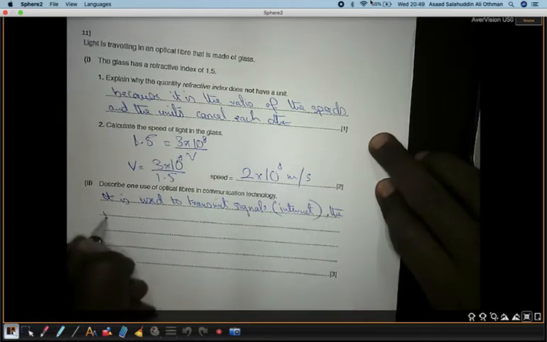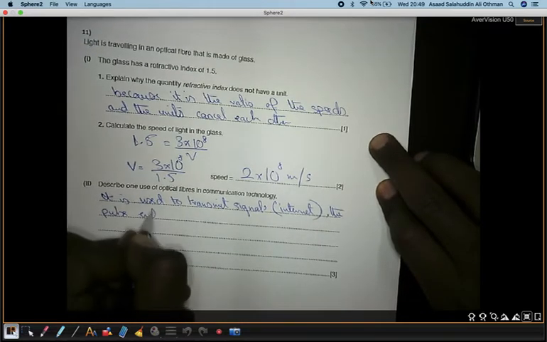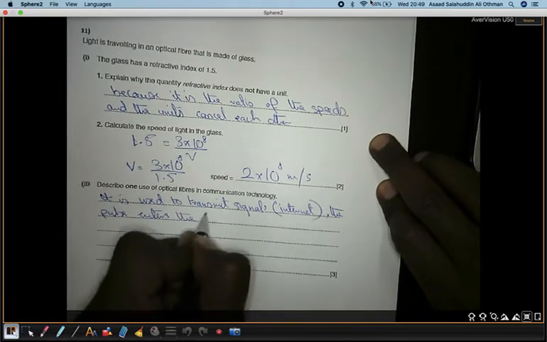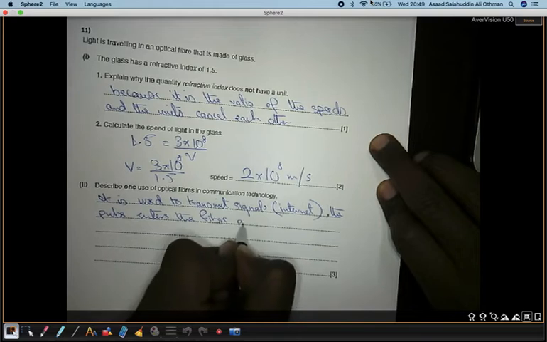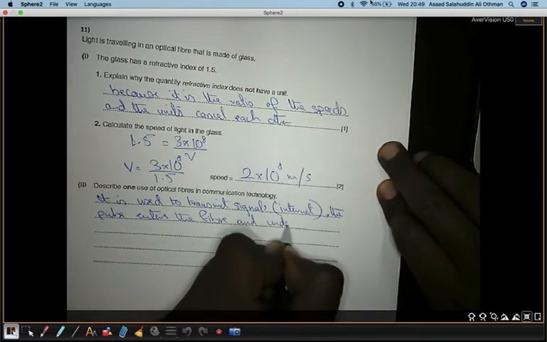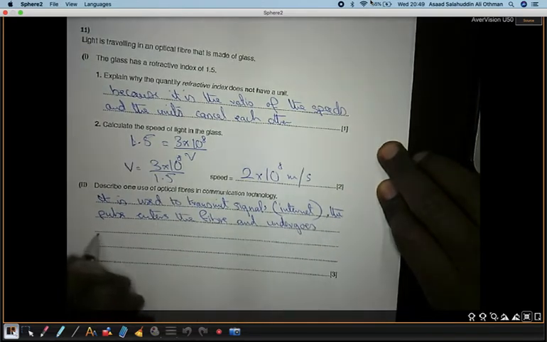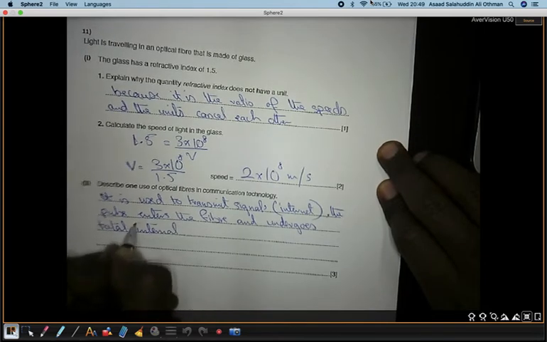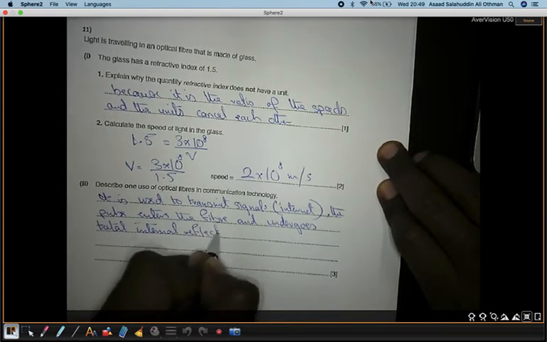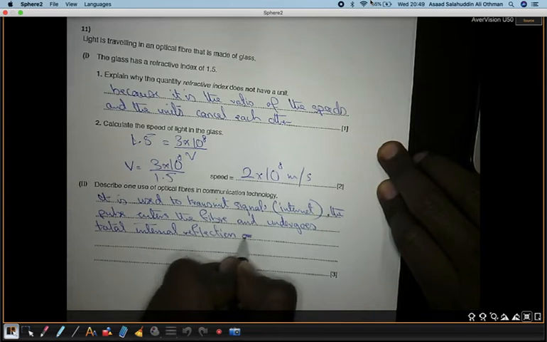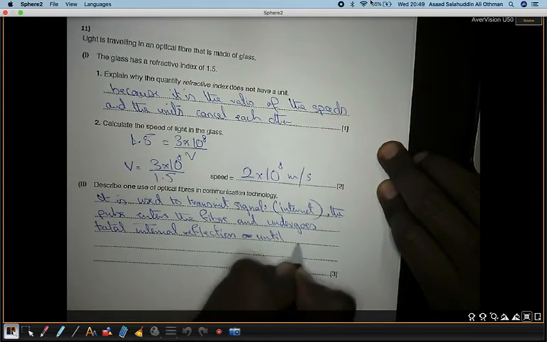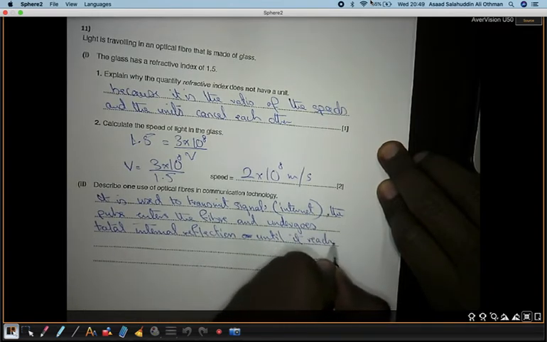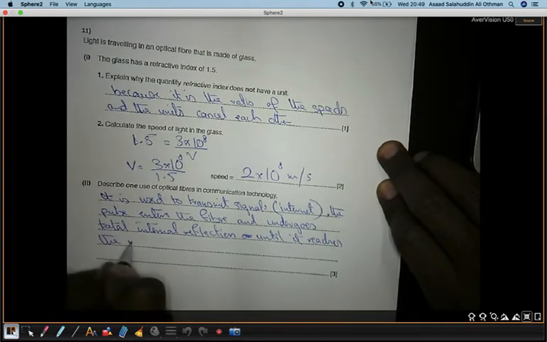The pulse enters the fiber and undergoes total internal reflection until it reaches the receiver.